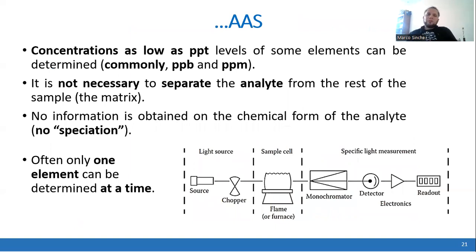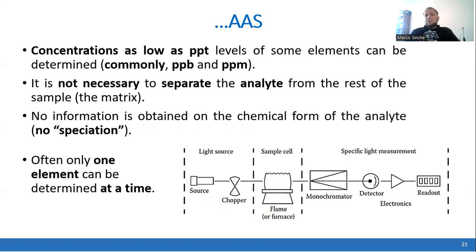Very, very low concentrations in the order of ppb and ppm could be determined through this technique, but it has been reported that lower concentrations, including parts per trillion levels, could also be determined. It varies on the sample.